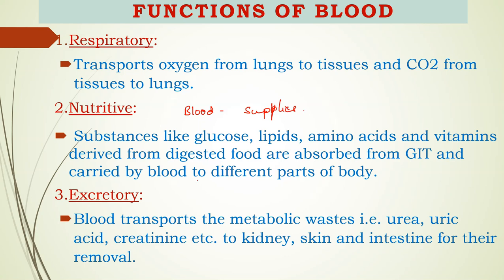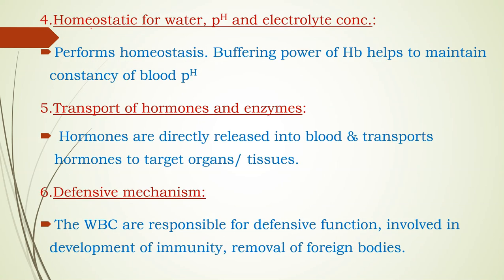The next important function is excretory in nature. The blood transports all the metabolic waste. What are the metabolic wastes? The urea, uric acid, creatinine, etc., to the kidney, skin, and intestine for their removal. So, it is useful in the removal of waste products. Blood is also important in maintaining homeostasis of water, pH and electrolyte concentration.